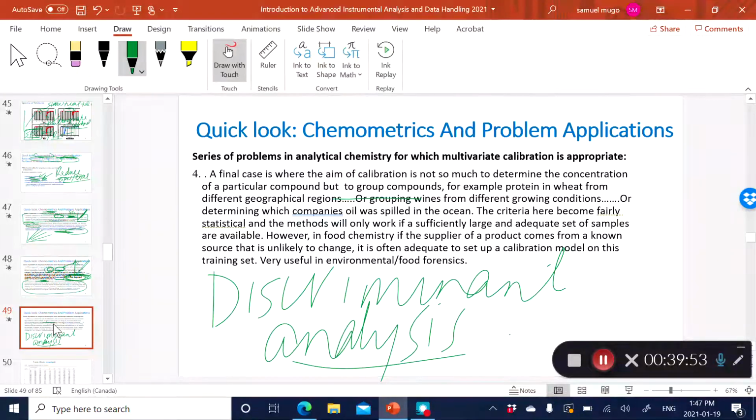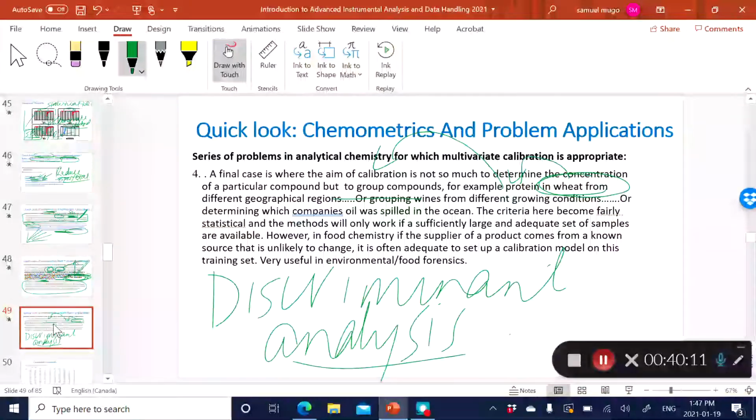Say I'm trying to analyze whether wheat grown in Saskatchewan has got the same protein content as wheat that is grown, say, in Alberta, compared, say, to wheat that is grown in another tropical destination.